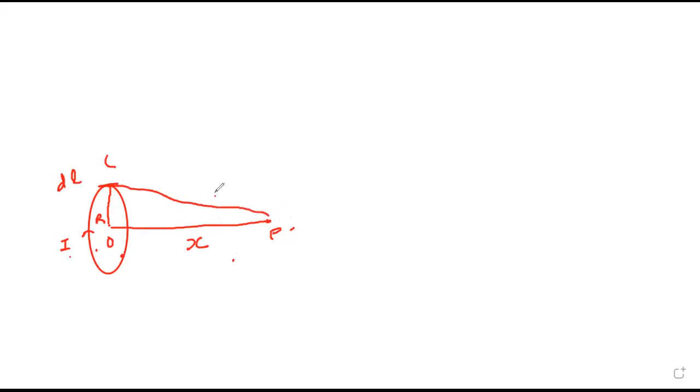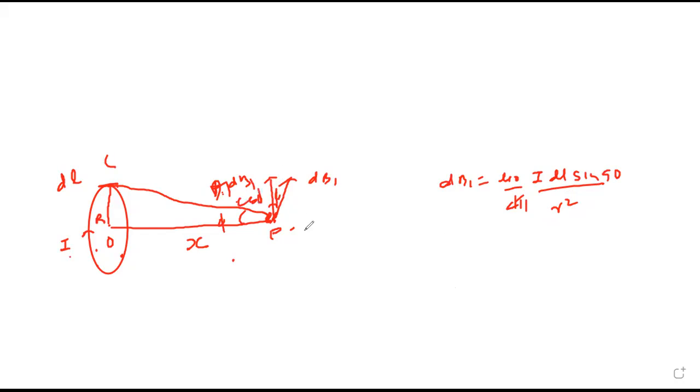Drop PC; let PC equal R. Magnetic induction at point P due to elemental length dl is given by dB1 equals mu naught upon 4 pi, I dl sin 90 upon R square. It can be resolved into two components, dB1 cos phi and dB1 sin phi. This much we have written in the last class.